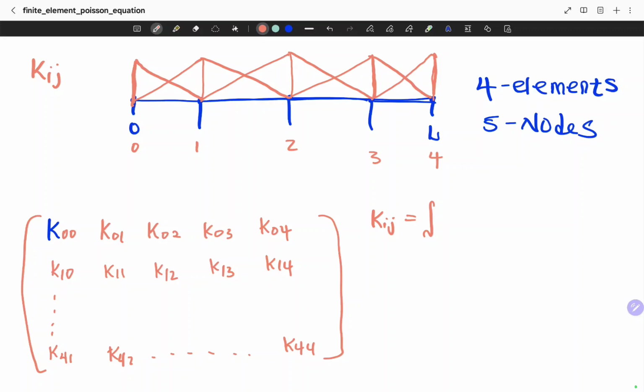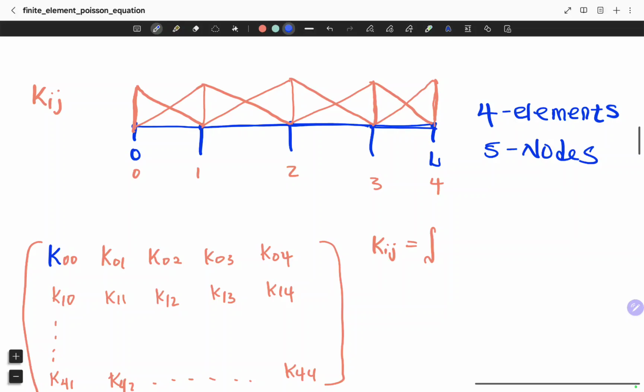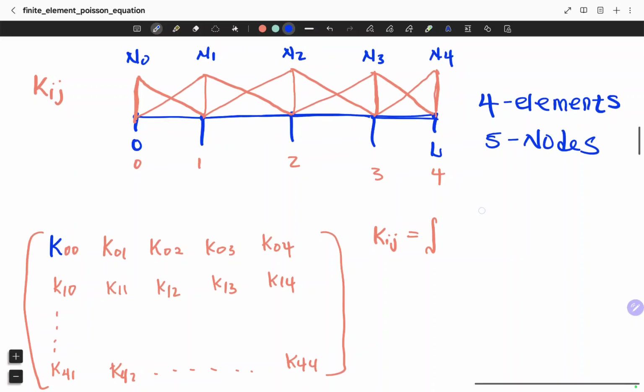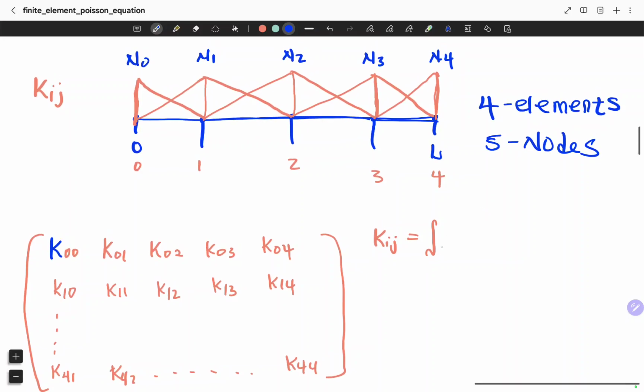You notice that here you can have psi 0, or you can call it n0. Let's call it n0, n1, n2, n3, n4. Now so kij, we can call this x0, x1, x2, x3, x4.